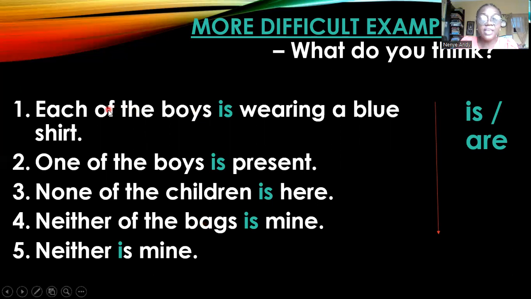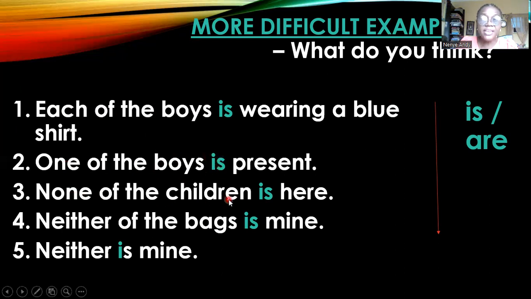Because if you say of the boys, after all it ends with boys, that's plural. No, we are saying there are many boys, but we're looking at each of them individually. So that's why it's taking is. There are many boys, but we're looking at only one boy, one of the boys. So that's why it's taking is, singular.